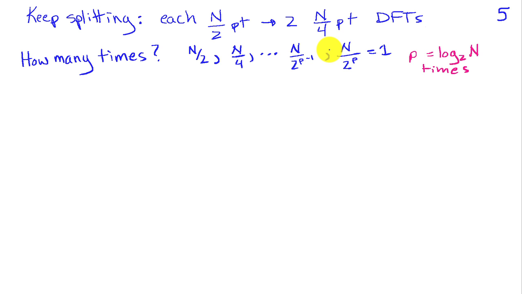Remember that N is a power of 2, so we can go from N over 2 to N over 4 and keep on going, and we get to N over 2 to the p minus 1, and finally N over 2 to the p, where p is log base 2 of N. And N divided by 2 to the log base 2 of N gives us exactly 1. So that's the maximum number of times that we can split, p, and it turns out that we end up with a 1-point DFT at the end.